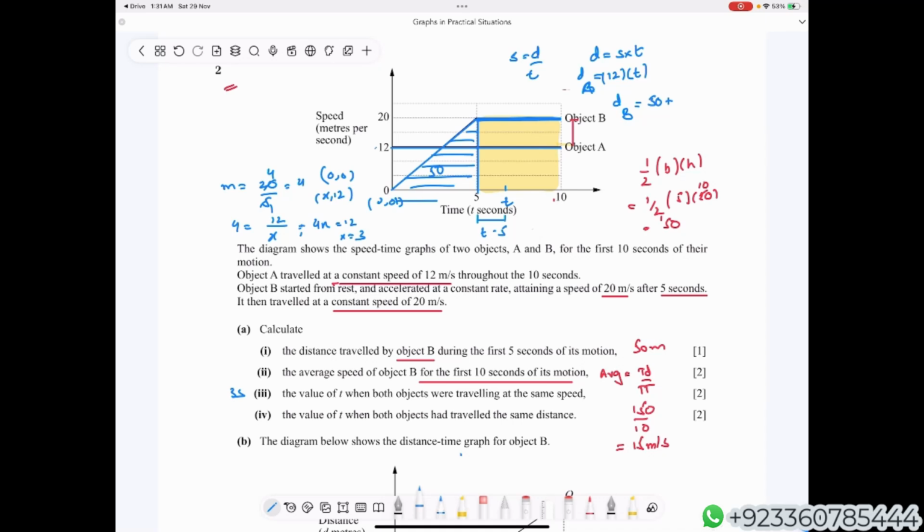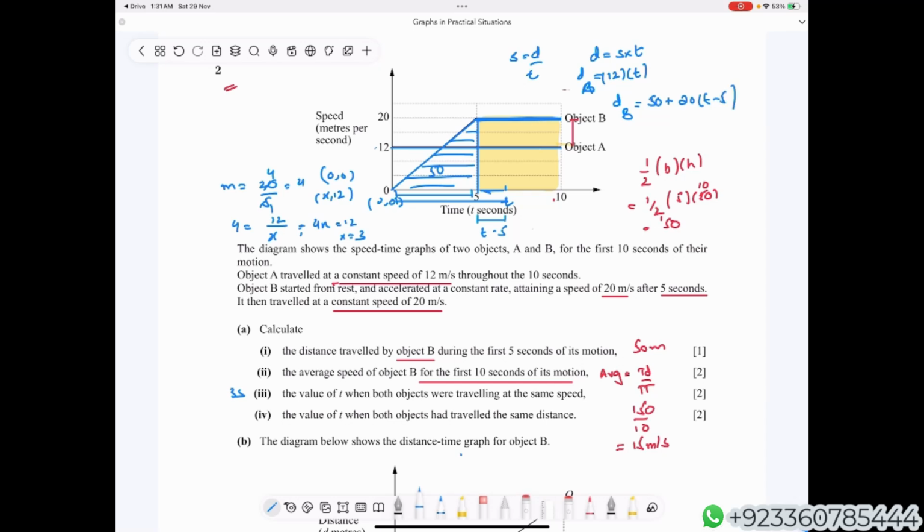Why t minus 5? Because all of this is t and this is 5. So we want this, so this is going to be t minus 5. So the distance for object B at which both distances are going to be equal is going to be 50 plus 20 into t minus 5.